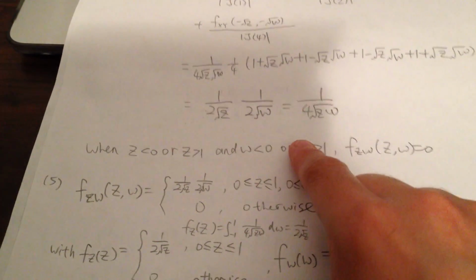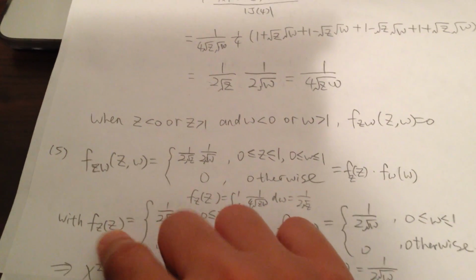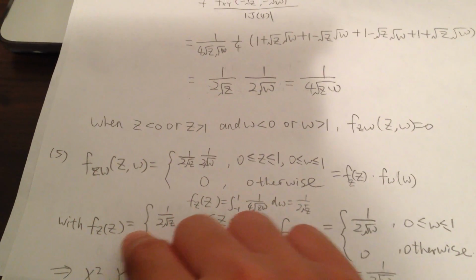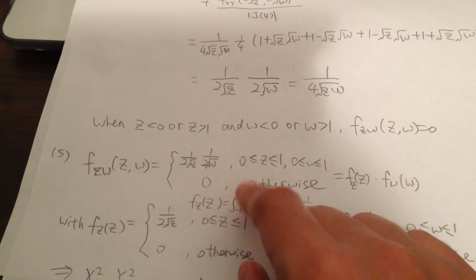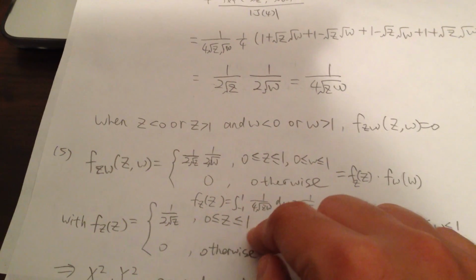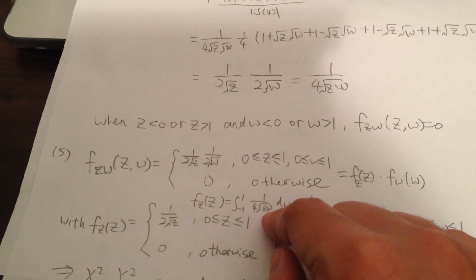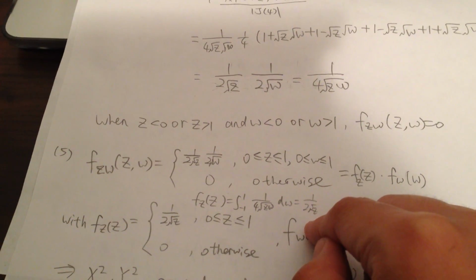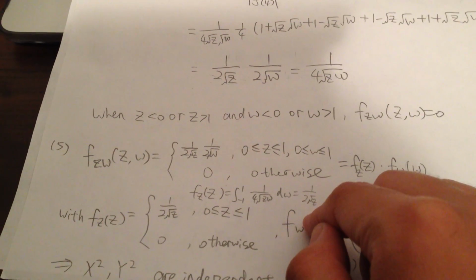So how do we calculate the marginal function f_Z(z)? It should be the integral from 0 to 1 of 1/4 times 1 over the square root of z times w, dw, which gives 1/2 times 1 over the square root of z.